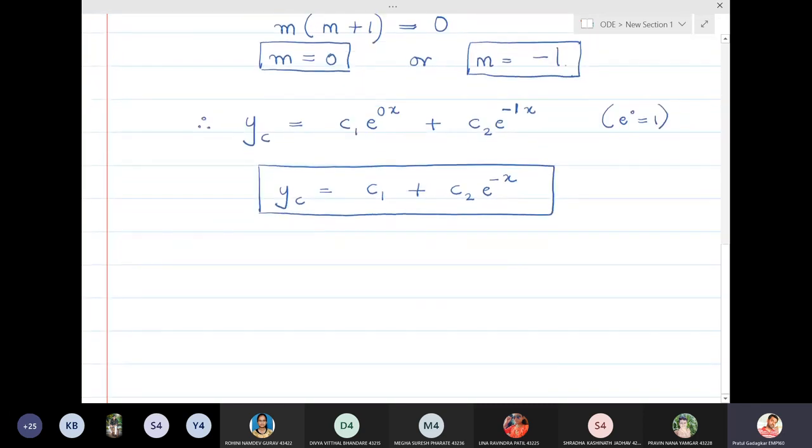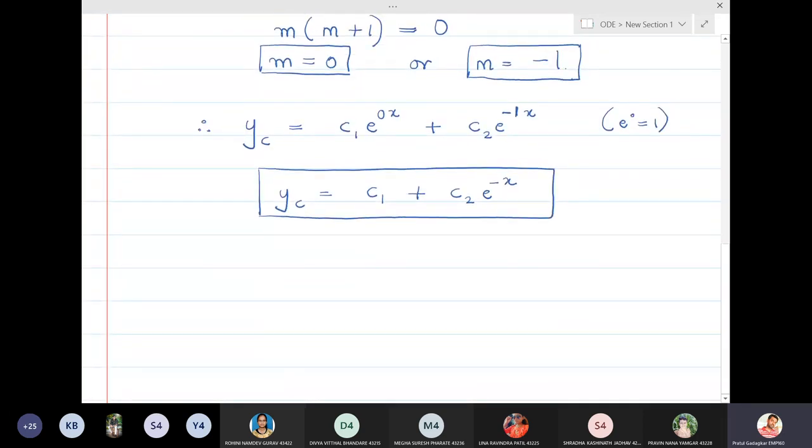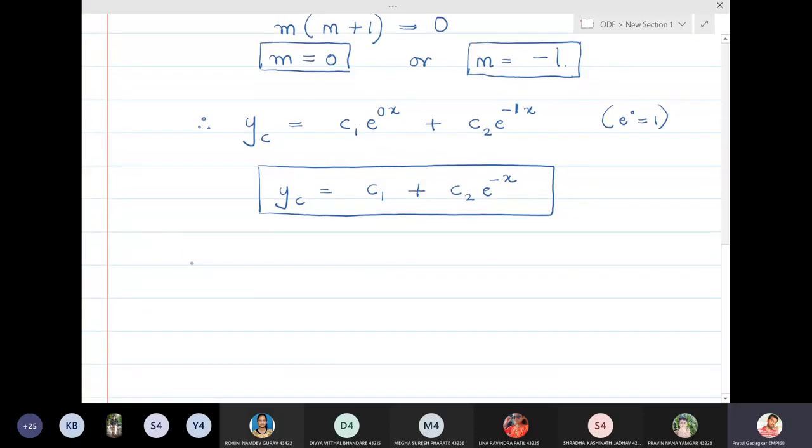Now next, let us find the particular integral, called yp. We know the formula for the particular integral: yp is equal to 1/f(D) phi of x.